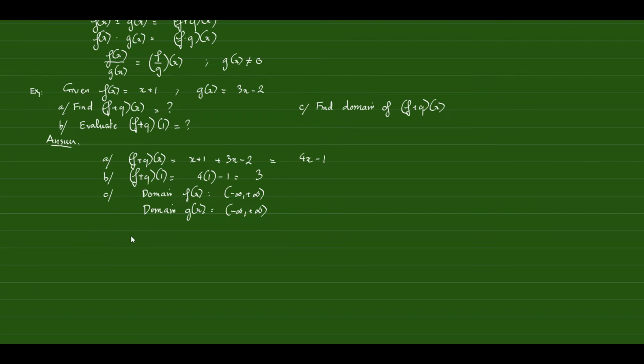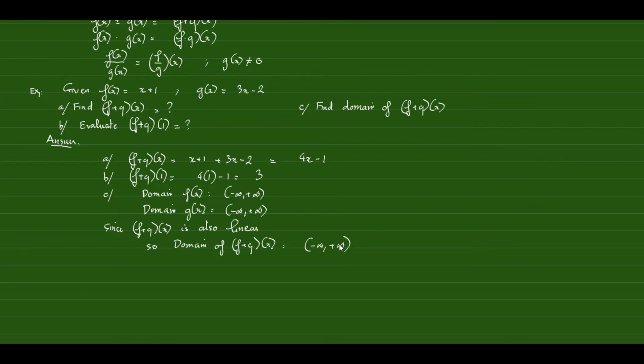So the domain of f plus g of x is also linear. So on part C, the domain of f plus g of x is also negative infinity to positive infinity.